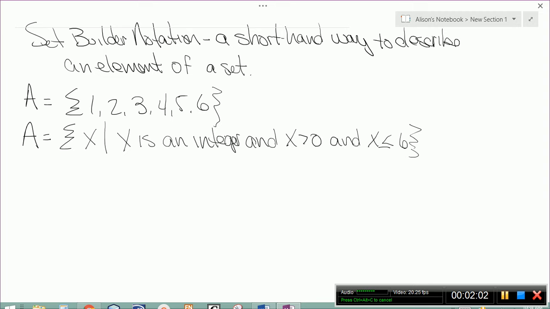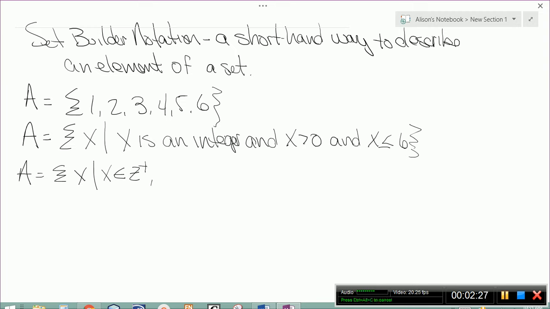Also, given the letter B, I can tell that B is not an integer, therefore it does not belong in this set. Another way that I can use to describe this that might be slightly more mathematical is that X is an element such that, first of all, X is going to be an element in Z plus. That was a common set that we defined as all positive integers.